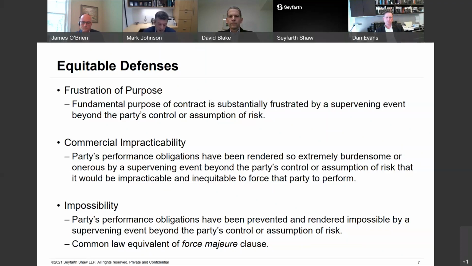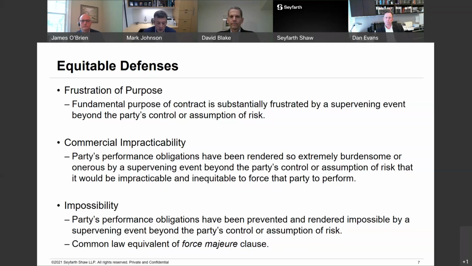There are some other common elements that the courts have identified for each of these defenses. The supervening event must be outside the party's control. The occurrence of that event was not the fault of the party seeking relief, and the party must not have assumed the risk of that occurrence, either in the form of expressly assuming it somewhere in the contract itself, or, as I mentioned a few moments ago, the event itself was reasonably foreseeable and the party did nothing to protect itself in the contract.